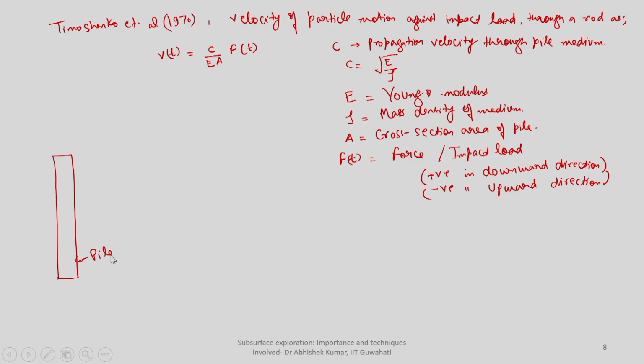In this particular case we have a pile which you are driving into the ground. You will have some kind of pile head, and on this you are putting some kind of hammer impact.